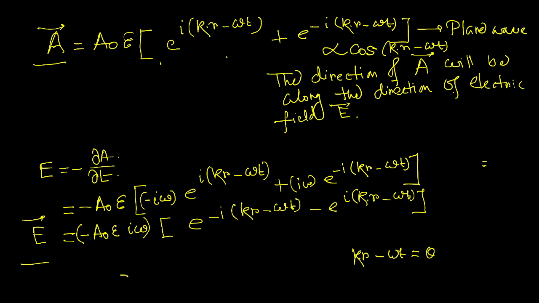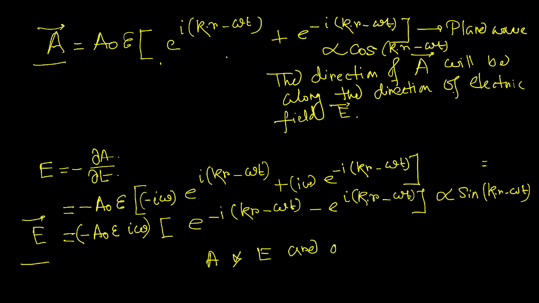Similarly, e to the power i theta minus e to the power minus i theta will be the sine function. So however, electric field and vector potential have the same direction. E and A are out of phase by 90 degrees.